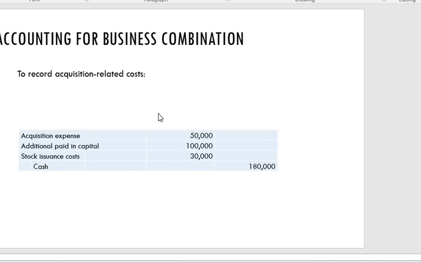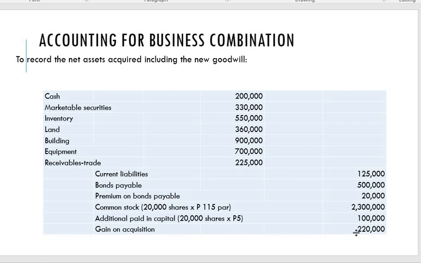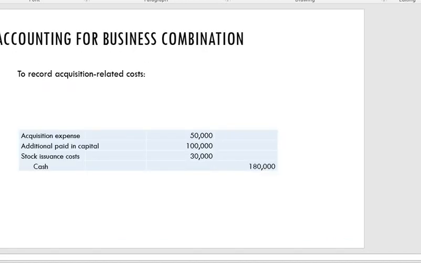So, ito lang. No, since the stock issuance cost is 130,000, okay, but yung maximum amount natin na ma-debit sa additional paid in capital is equal lang to the incremental additional paid in capital. So, you take note that in this entry, additional paid in capital was credited only for 100,000, but the stock issuance cost amounts to 130.